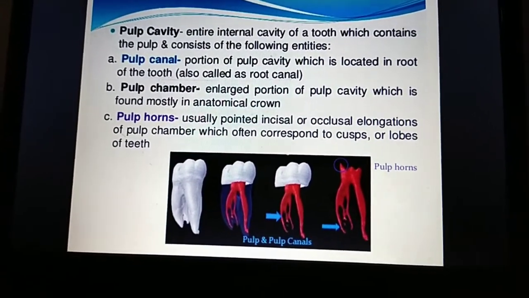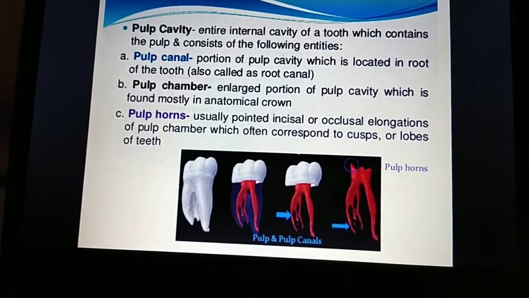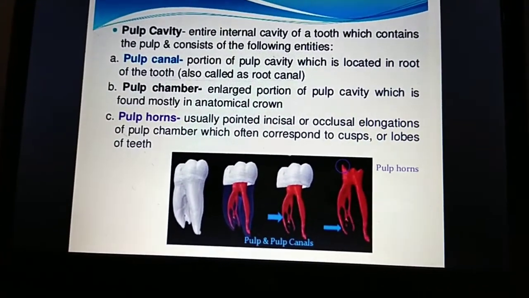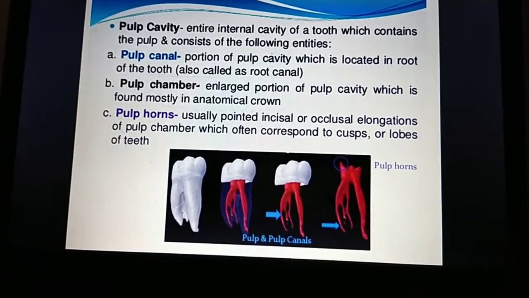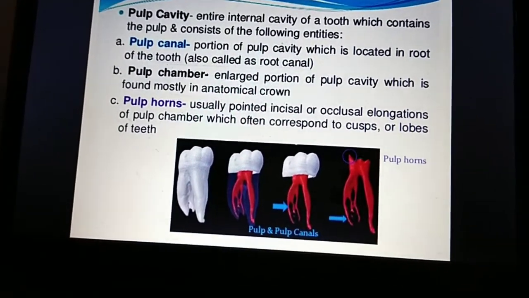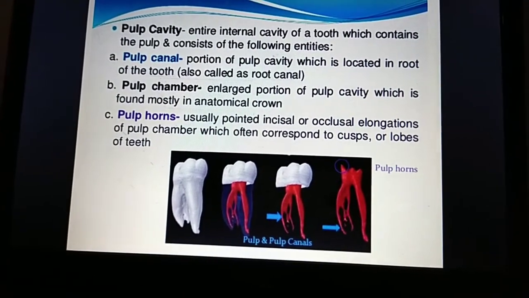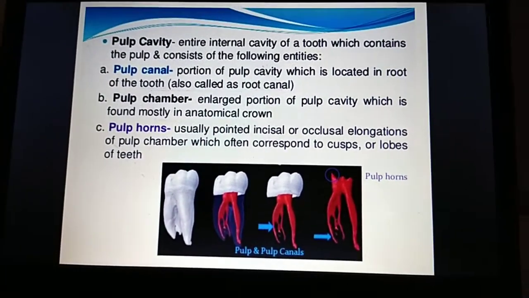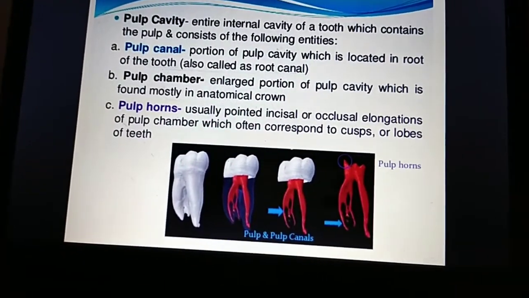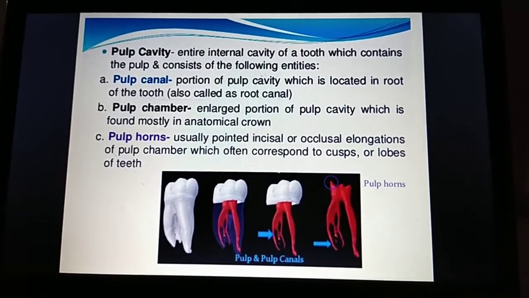And the pulp canal is completely covered by the anatomical root, by the dentin or cementum. The portion of the pulp cavity which is located in the root of the tooth is also called the root canal. You have heard the name root canal.